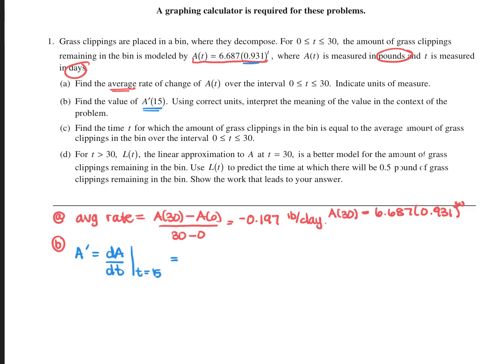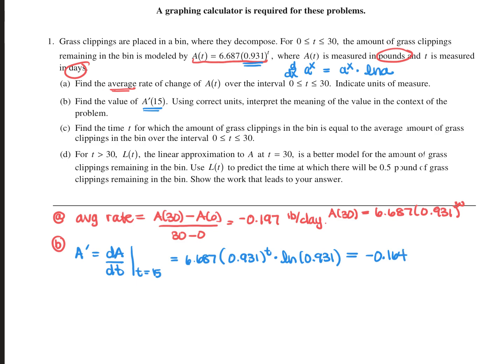This is the derivative of something like a to the x, and when you take the derivative of something like a to the x, it's going to be a to the x times the natural log of a. So this derivative would be 6.687, then we'll have the exponential function times the natural log of the base.